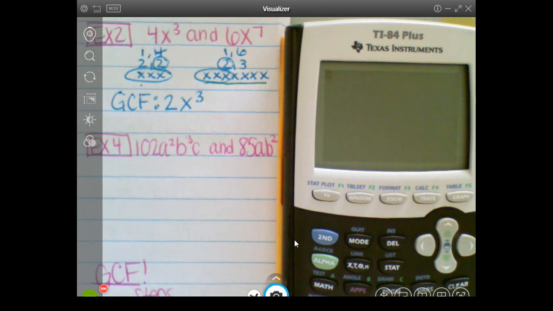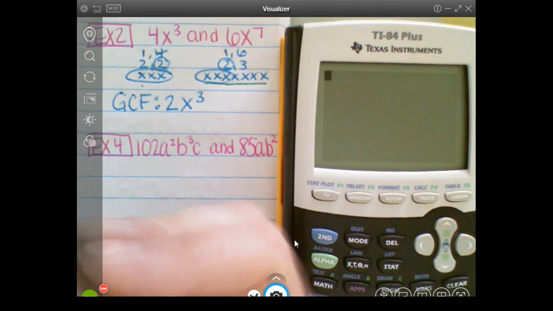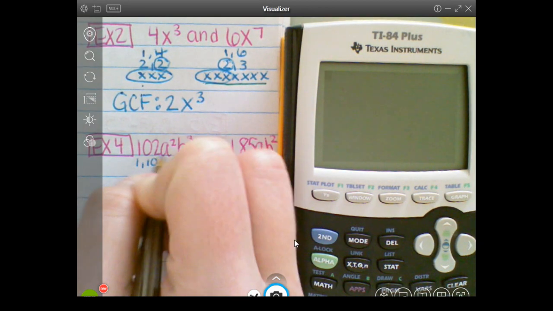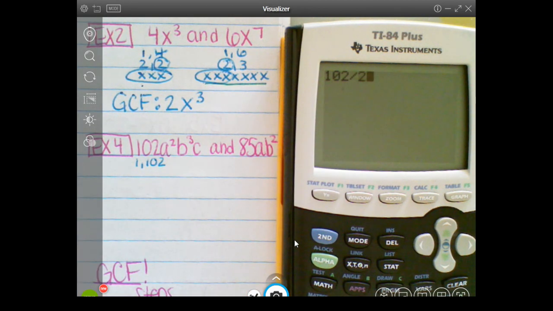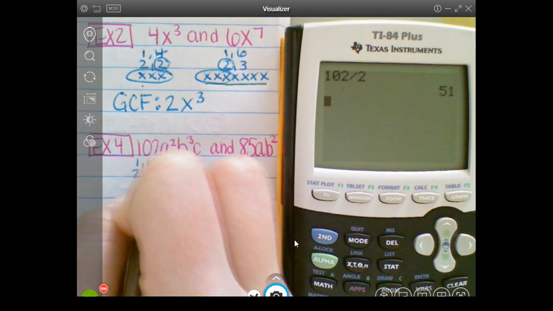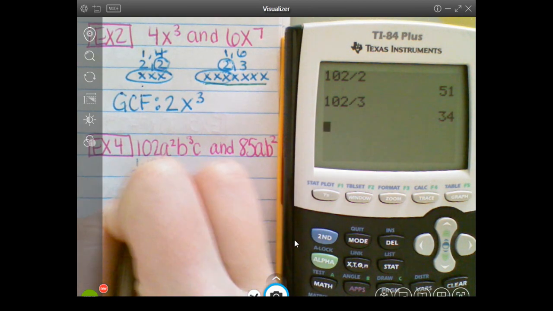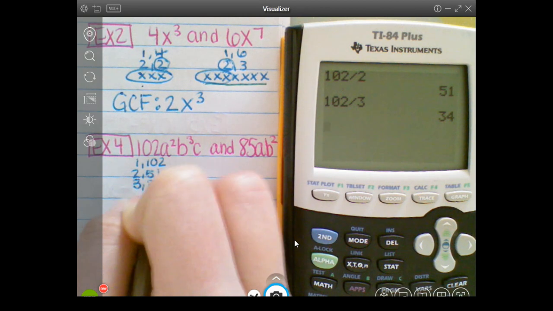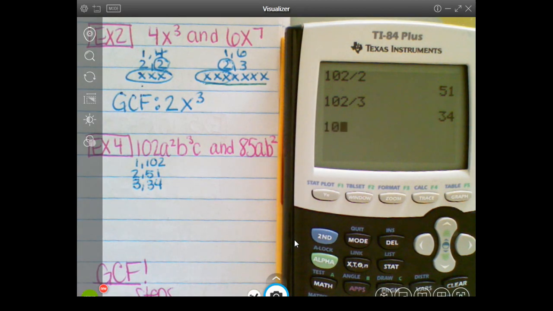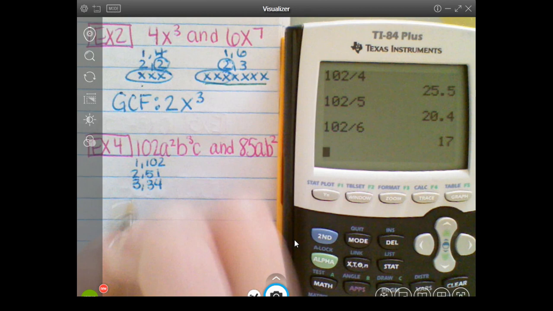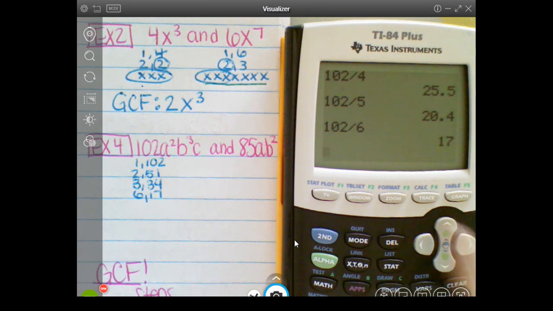It's a little better. Okay, so I'm going to do, obviously, 102 divided by 1, so 1 and 102. 102 divided by 2 is 51. I'll try 3, which, if you remember how to tell if things divide by certain numbers, you can skip. 102 divided by 4 does not work. Now, 5, I should know doesn't work because this isn't ending in a 0 or 5. Try 6. 6 and 17. Okay, try 7.